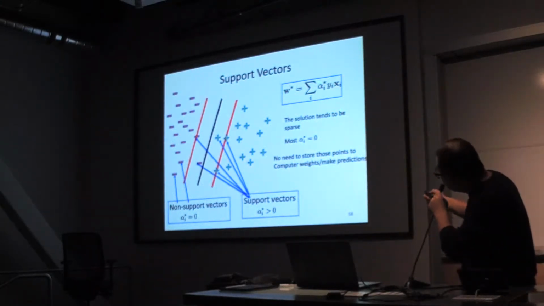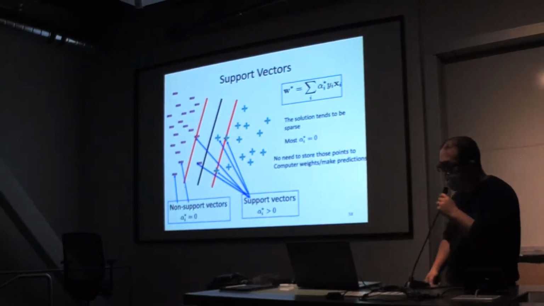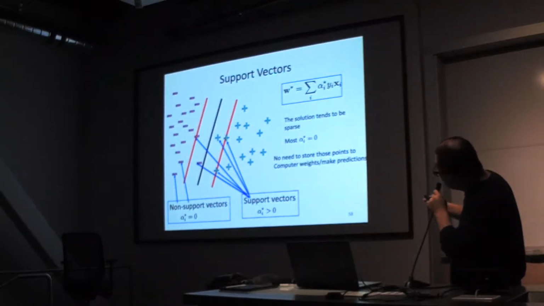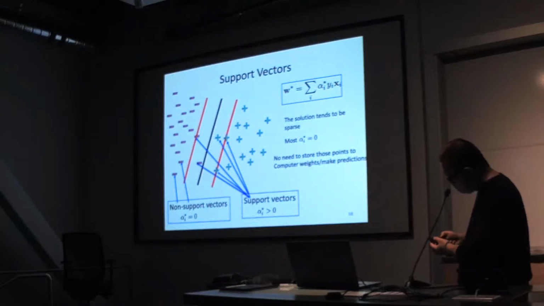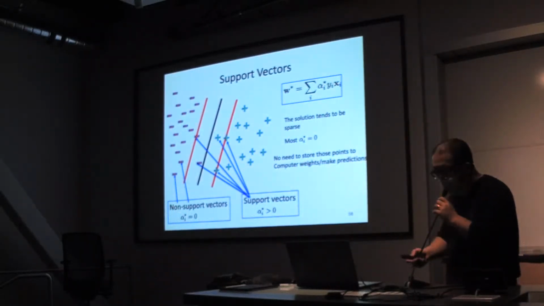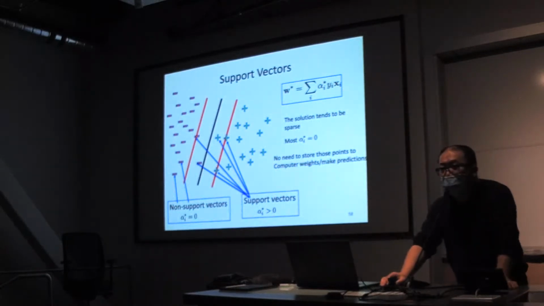Another benefit of this solution structure is that I can use only a few points, which are support vectors, to recover the weight vector. One might feel like this is not useful, because why not just directly store the whole weight vector? Why should I store support vectors?